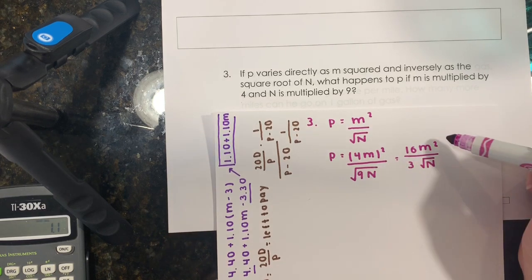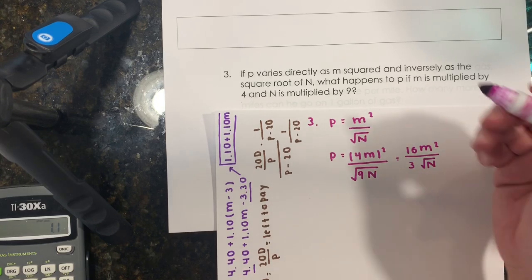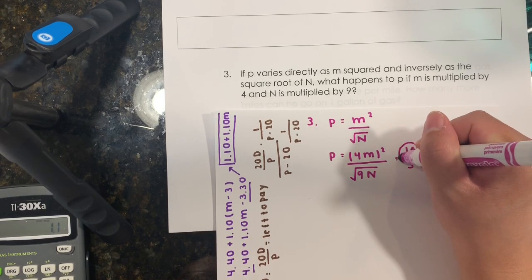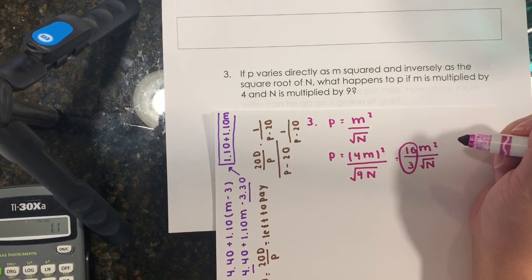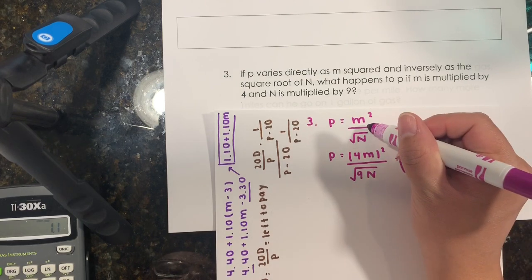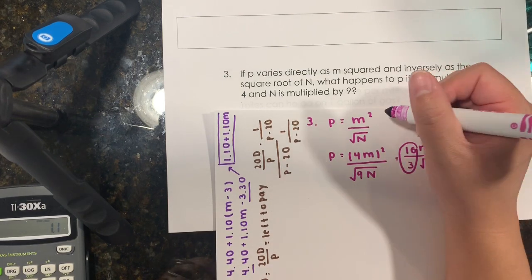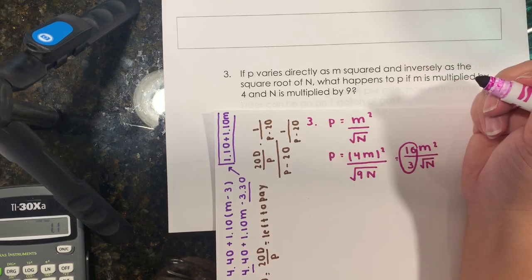So what about this equation is different than the original equation? Well, you should see that on this side, the equation is being multiplied by 16 over 3. So if I multiply the right side by 16 over 3, I have to also multiply the left by 16 over 3. So what happens to P?